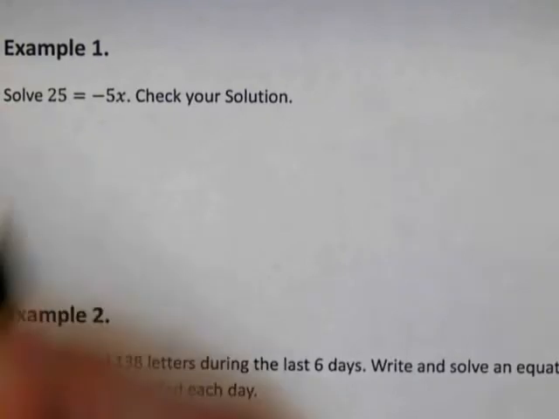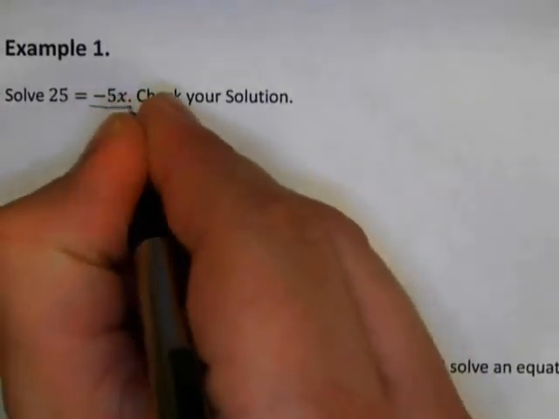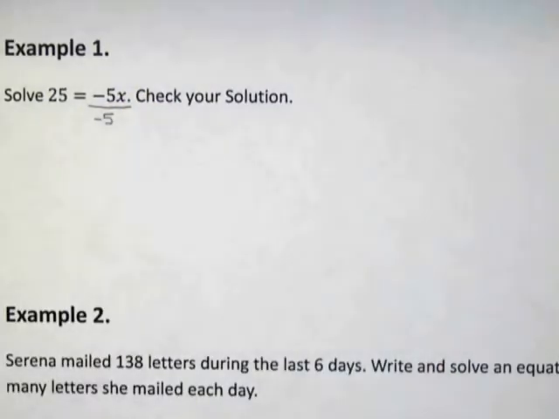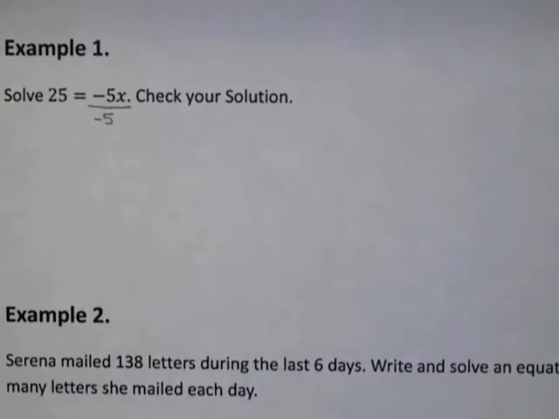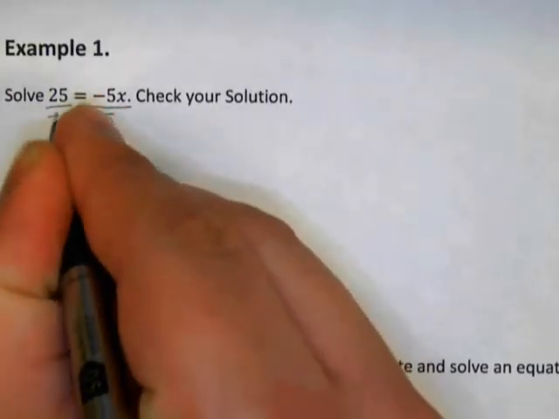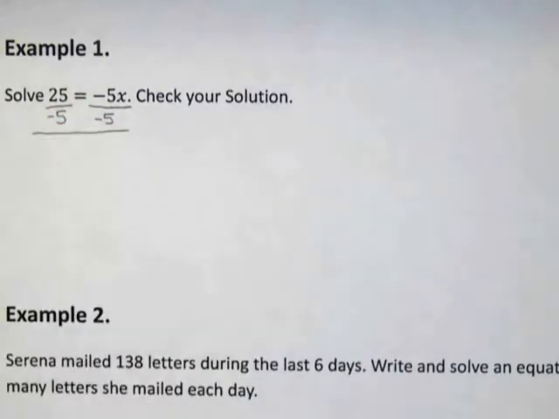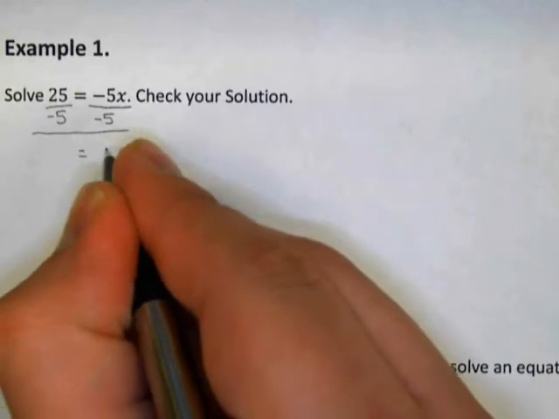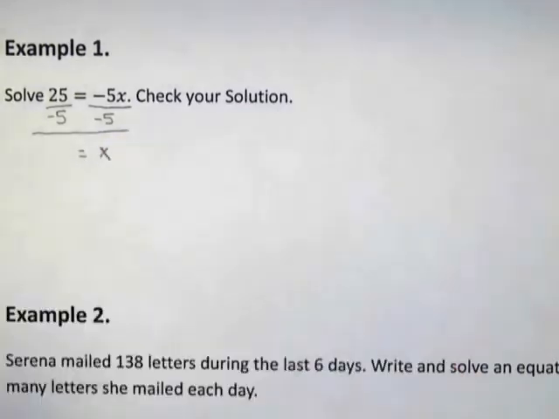So to do that, we have to use the division property of equality by dividing by the number that is being multiplied by the variable. They're being multiplied, we have to do the opposite of that. And if we do that on one side, we have to do it to the other side as well. Negative 5 divided by negative 5 is just 1, or just x, because 1 times x is just x.